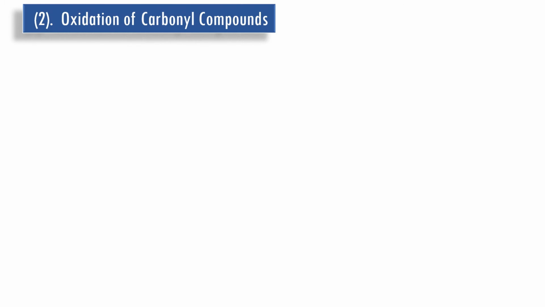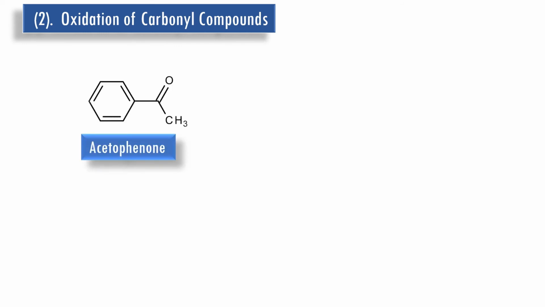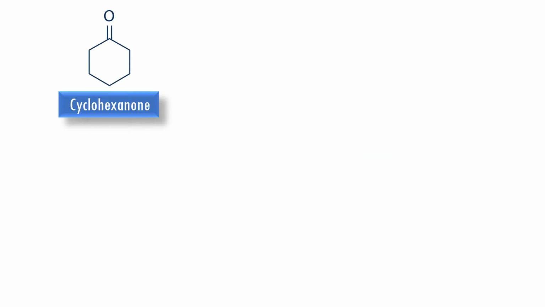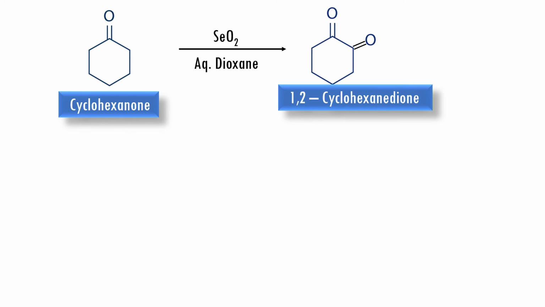Second application, oxidation of carbonyl compounds. Examples are just given on your screen. Acetophenone, when oxidized in the presence of SeO2 in aqueous dioxane solvent, is converted into phenylglyoxal. In the second example, when cyclohexanone is oxidized in the presence of selenium dioxide in aqueous dioxane, it is converted into 1,2-cyclohexanedione.